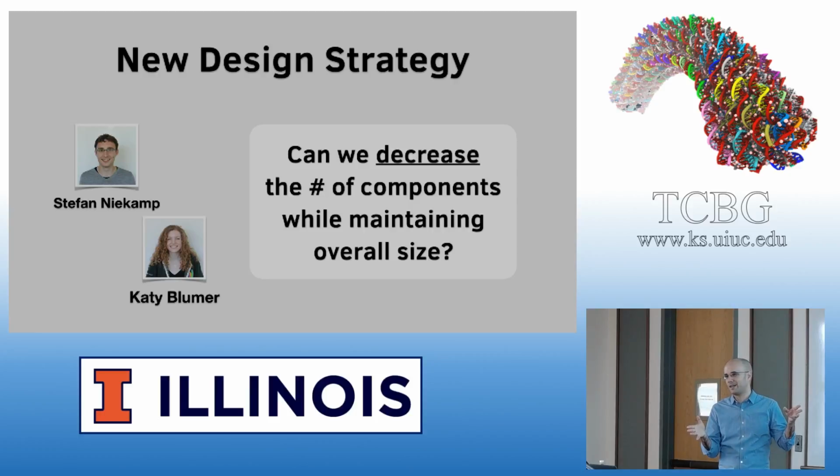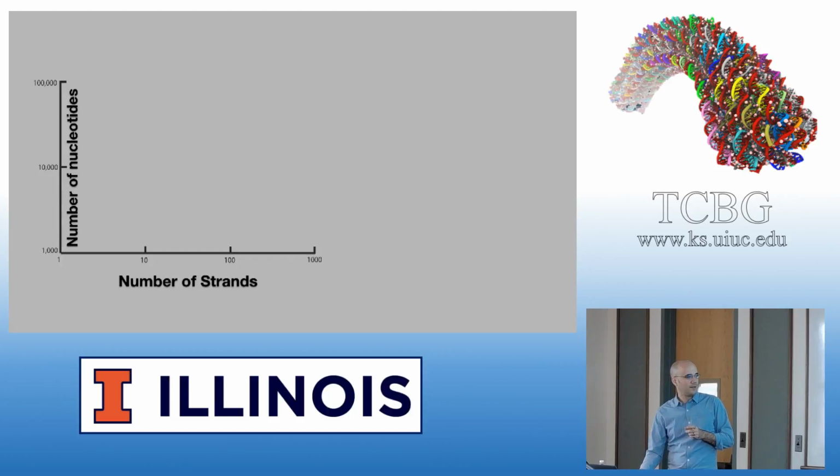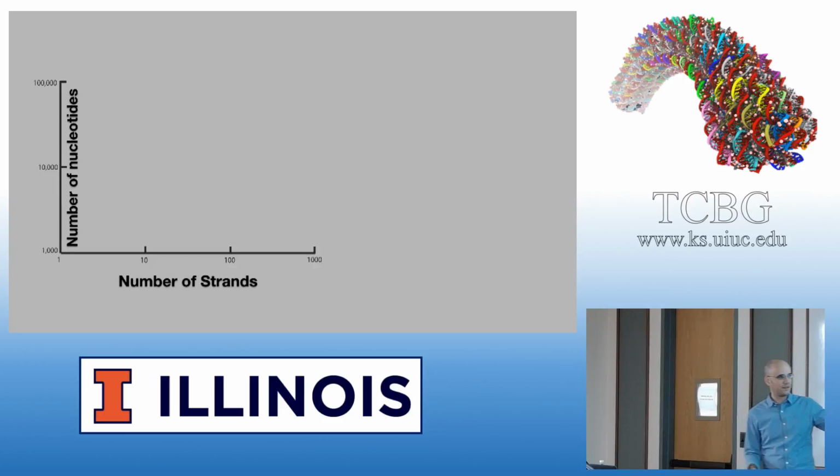So maybe we don't need to make 150 staples. Maybe we could make 20 staples. So we just asked the question, how could we build an origami by reusing staple sequences? And so we looked at what had been published, and we put them on this little plot here.